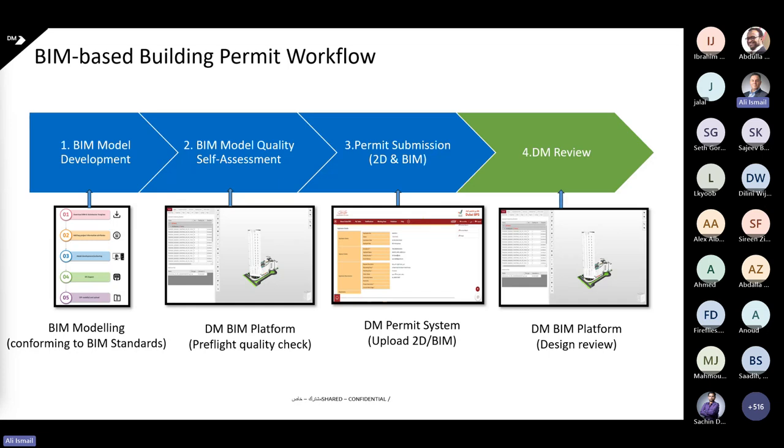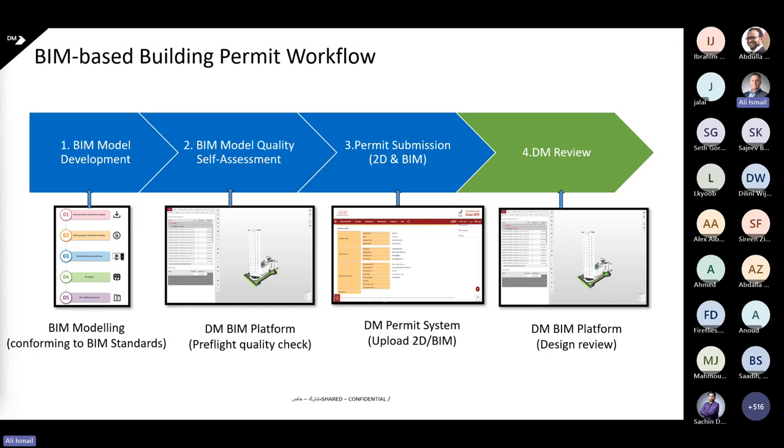You will be asked to select the BIM session, what you already uploaded, called a BIM session in our system, or different BIM sessions related to your project. And then the building permit engineers will start reviewing your model and report to you any pending or open issues to be fixed.